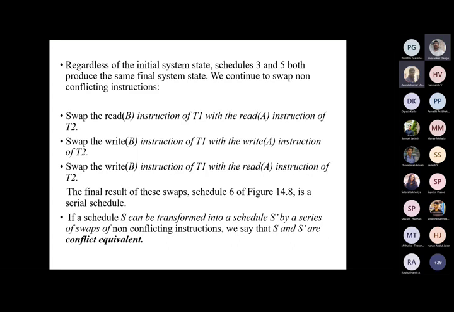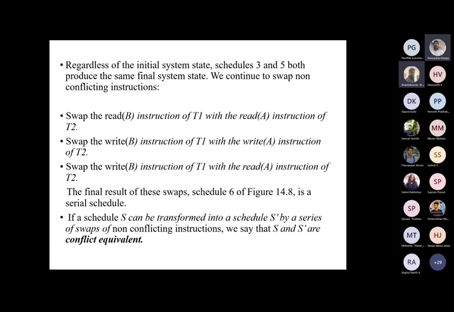Swap the read of B instruction of T1 with the read of A instruction of T2, and you can also swap the write of B instruction of T1 with the write of A instruction of T2, and finally swap the write of B instruction of T1 with the read of A instruction of T2. The final result of this swap will be a serializable schedule, right?